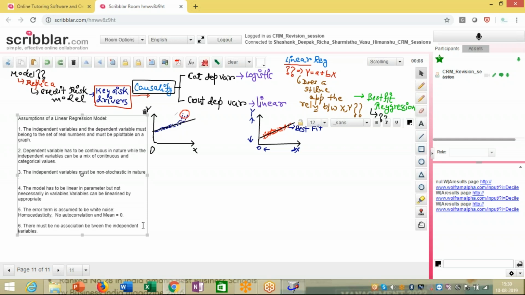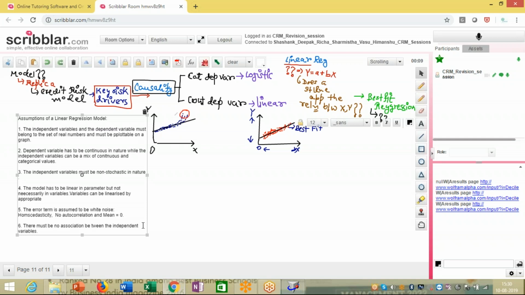Now the second question that comes out is the dependent variable has to be continuous in nature. So whenever you are trying to model a continuous dependent variable, that is where you use linear regression. Let's say, for example, for LGD model development, if you're trying to predict the recovery, or for the EAD model development, where your exposure is a function of certain factors, but exposure itself is a continuous value.